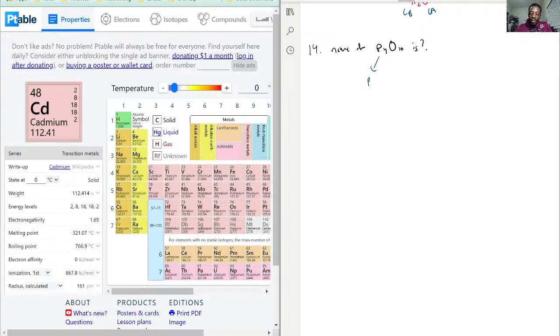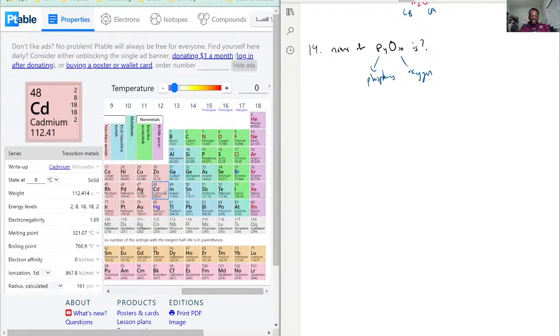So we have phosphorus and oxygen, okay? So that is all the way here. So we have phosphorus here, element 15, and oxygen here, element 8, and they're both listed based on the color coding as reactive nonmetals.